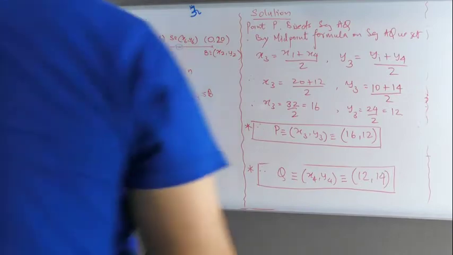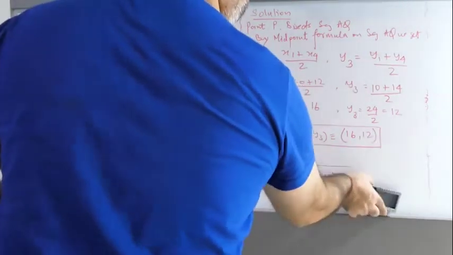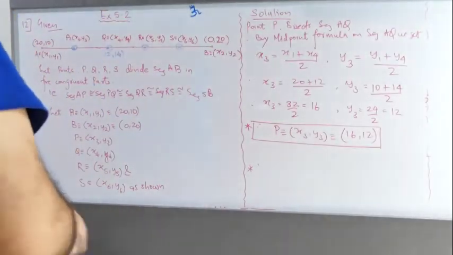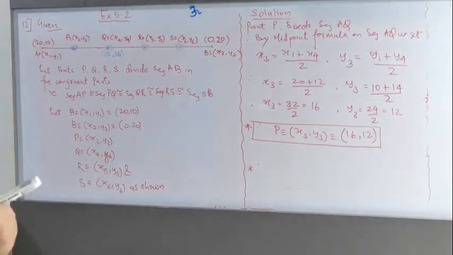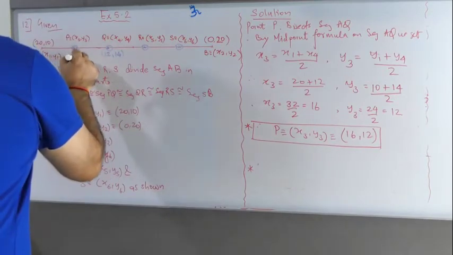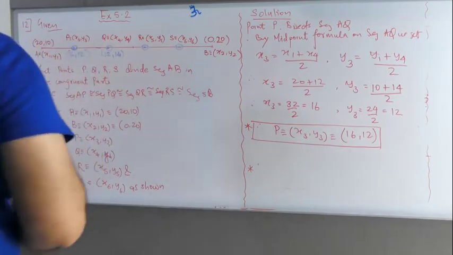So let's stop this part now. We will write here, we have got (x3, y3) as (16, 12).